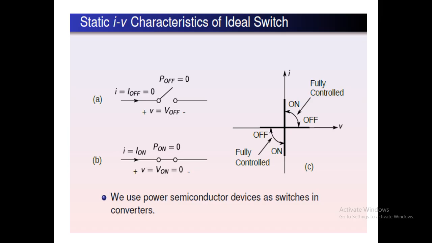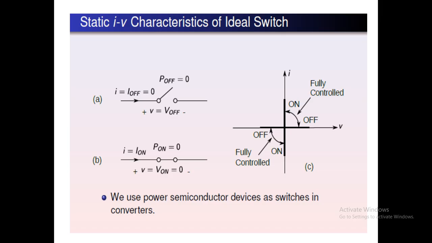During the turn off condition of the switch, we only have a magnitude on the x-axis, that is voltage alone, and during the turn on condition, the current alone will exist, that is the full rated current, and there will not be any value on the x-axis. So in the off condition, the voltage exists and current is 0, and during the on condition, current exists and voltage is 0.